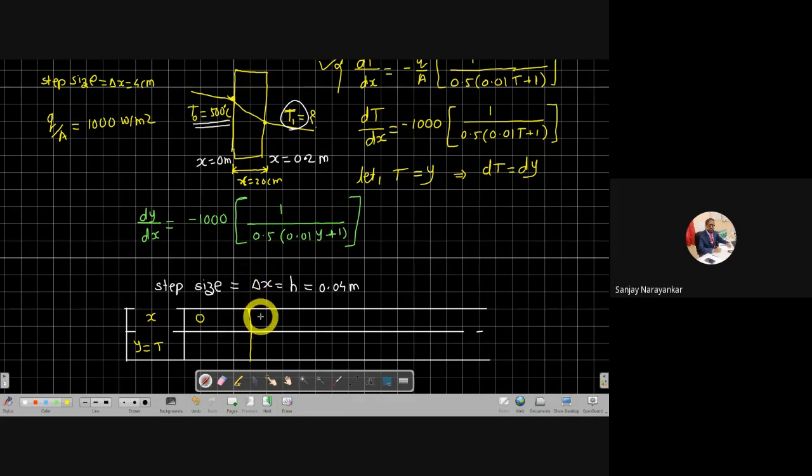So we can write 0.04, then 0.08, then 0.12, 0.16, and the last one is 0.2. So we have to find out the temperature at these values. And to find out the temperature at these values, we have to take a step size of 0.04.